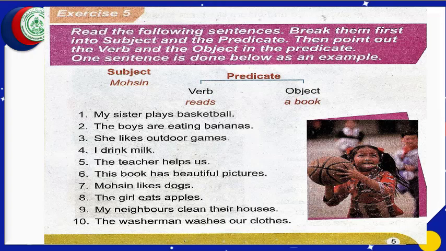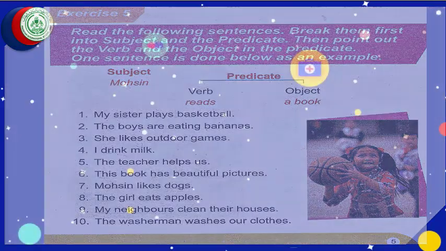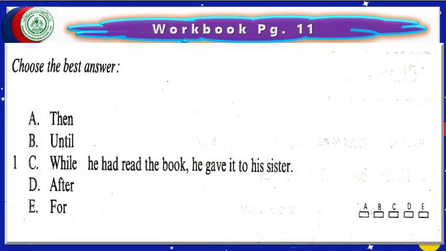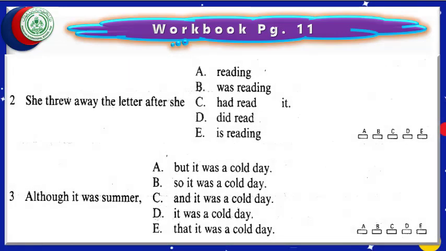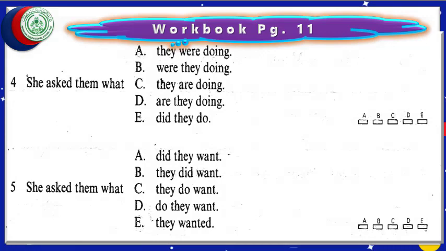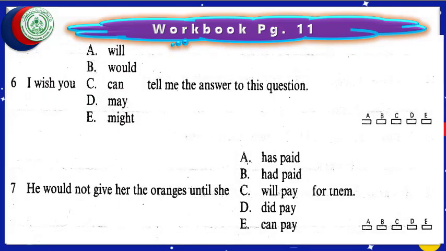You will do as we have done in our today's lesson in your notebook. After this is the workbook, page 11, that we did in our today's lesson. You can see from here, you can see it like this also. Part number 1, 2, 3 is here, then 4, 5, and these are the last two parts.